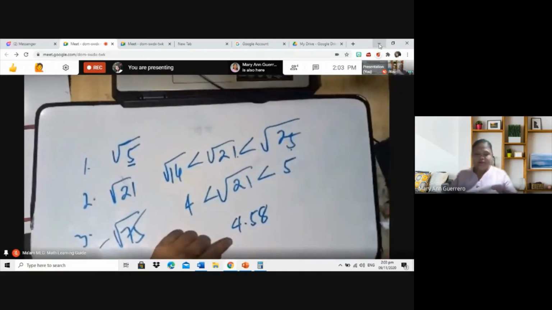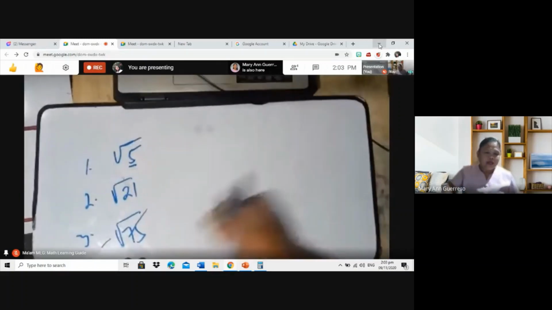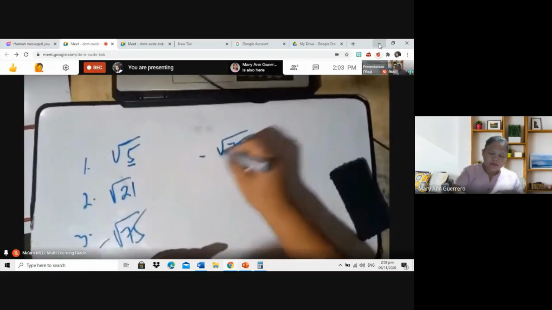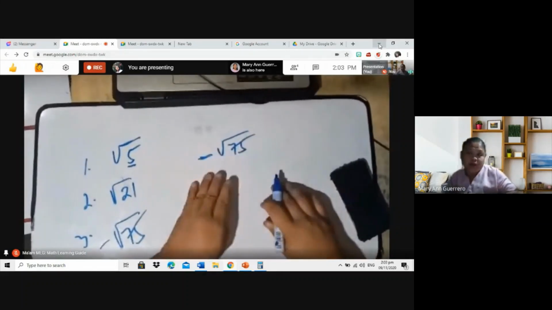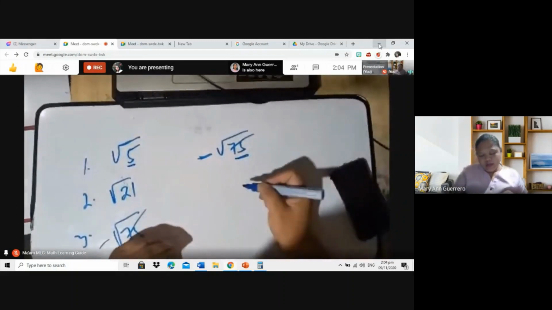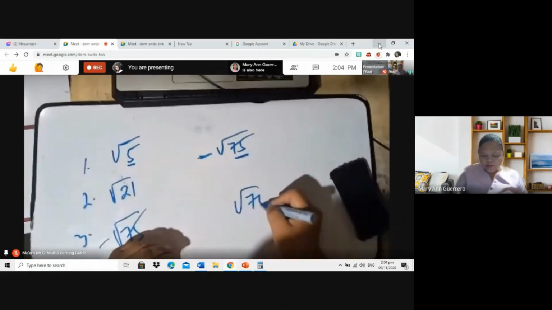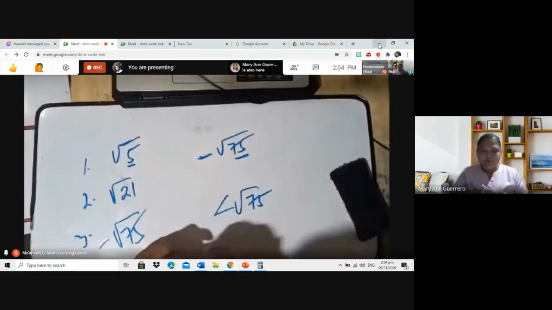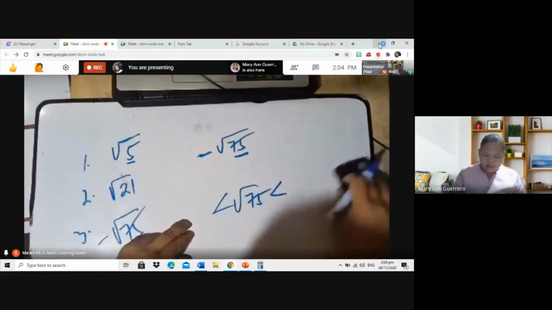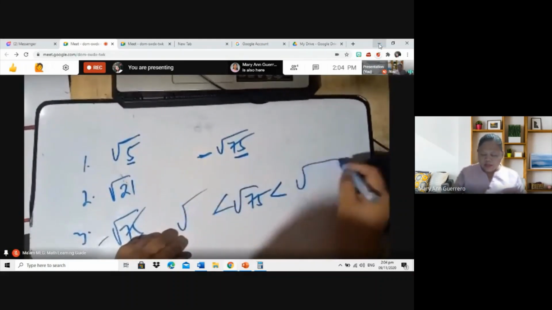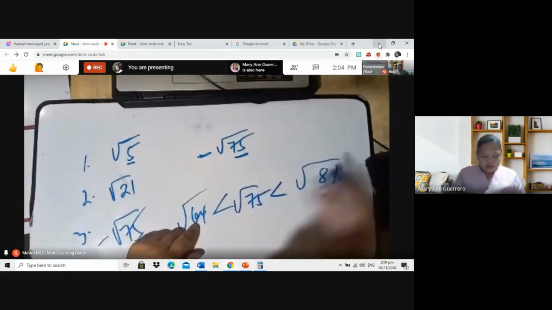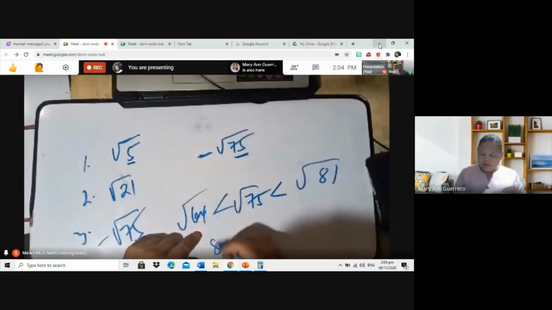Paano naman yung negative square root of 75? So, negative number naman ito, no? So, si square root of 75, yung positive muna. So, that is between, okay, 64 and 81. 8 and 9.